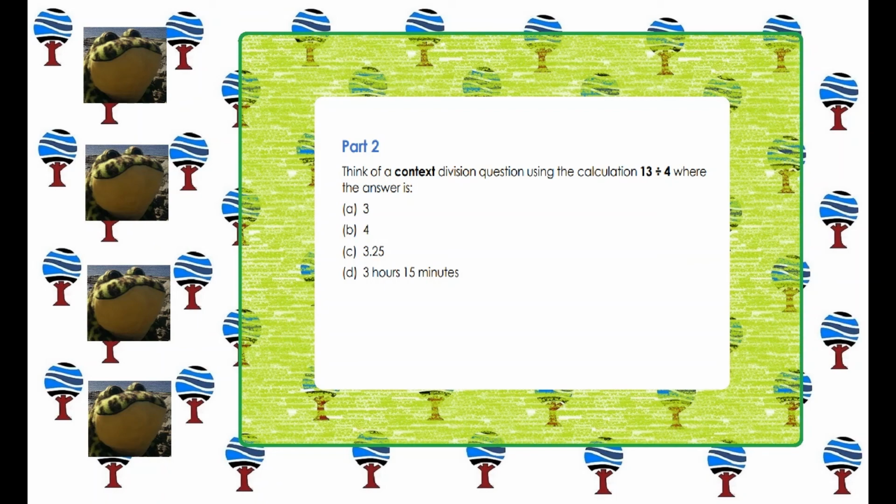So we can maybe think of a question where you can have 13 hours and you want to share that time out into 4 equal parts. So that amount of time you spend on something could be an average that you are finding over 4 days.